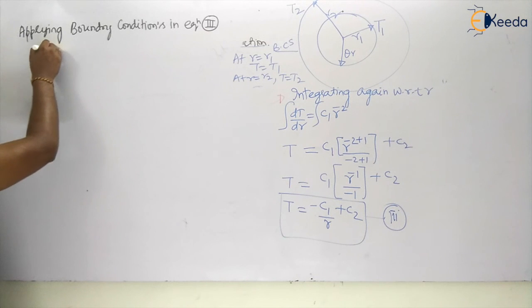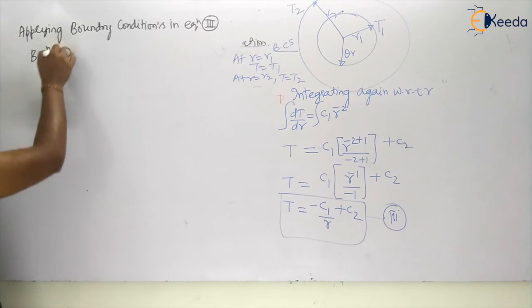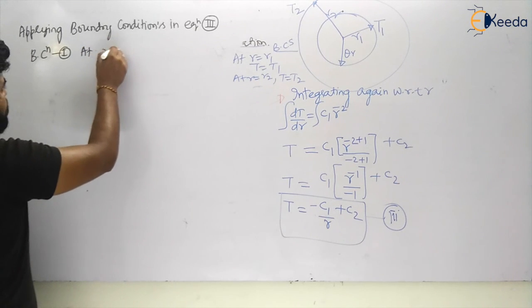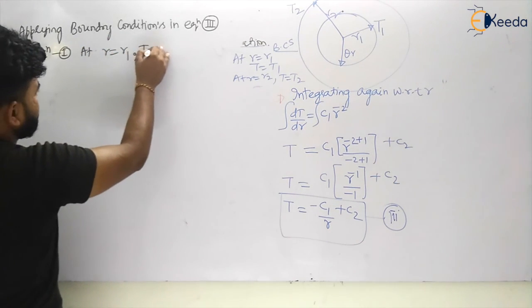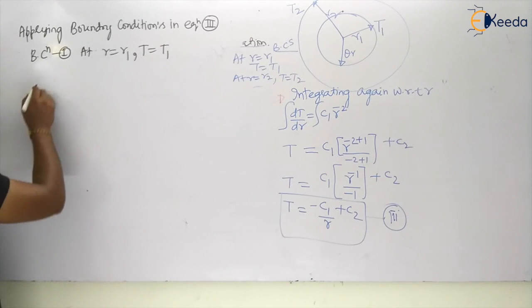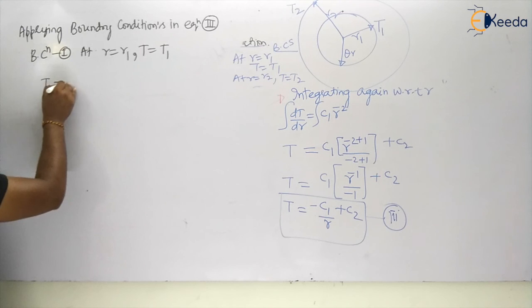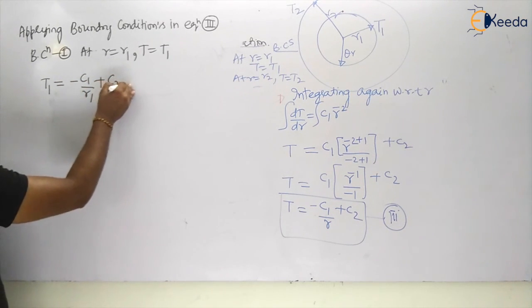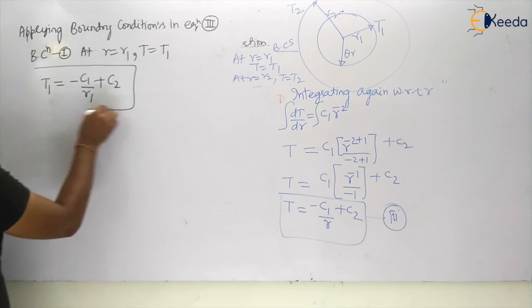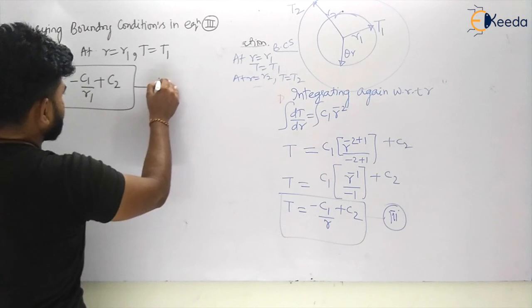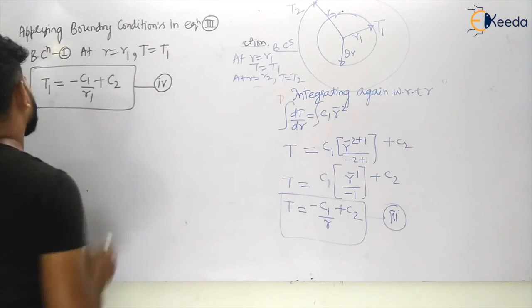At r is equal to r1, my dear students, temperature T is equal to T1. So this will become T1 is equal to minus C1 upon r1 plus C2. This will become like this. So let us take this as equation number 4.